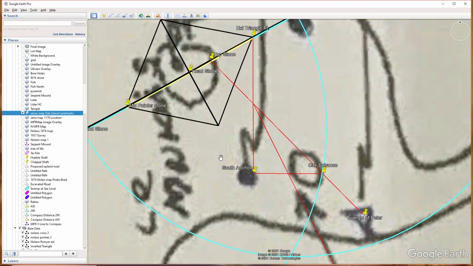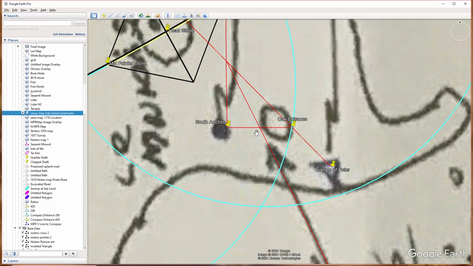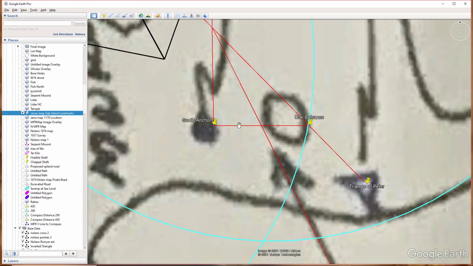I'm not quite sure. It's such a fat line, but I know it is establishing one thing, and that is a point of intersection for this east-west line. And by the way, it does bisect, within a couple of feet, the distance between the oak entrance and the south anchor.